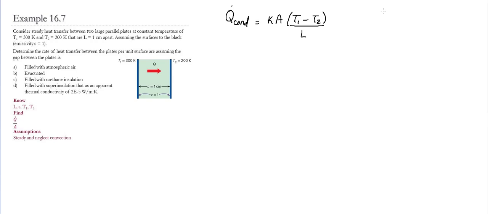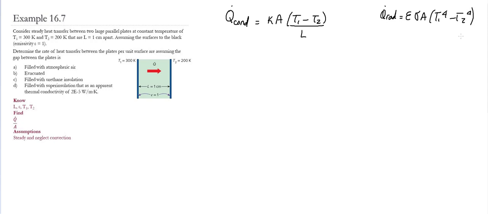For radiation, on the other hand, it is going to be equal to epsilon, sigma, the area, T1 to the 4th minus T2 to the 4th.